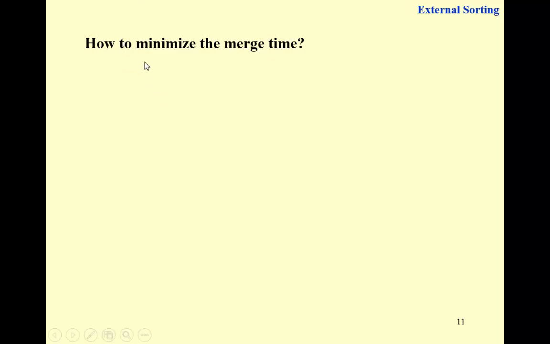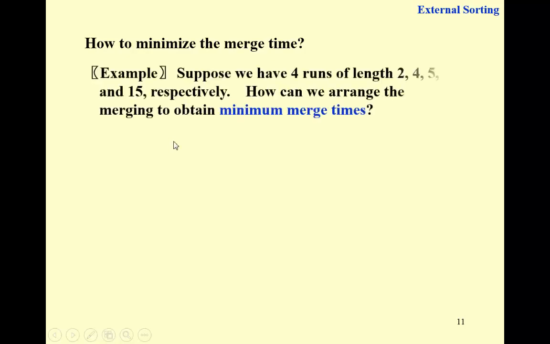The last topic is about how to minimize the merge time. Notice that when we do two-way merge, some of the numbers will be merged several times, right? So for example, suppose we have 4 runs of length 2, 4, 5, and 15.